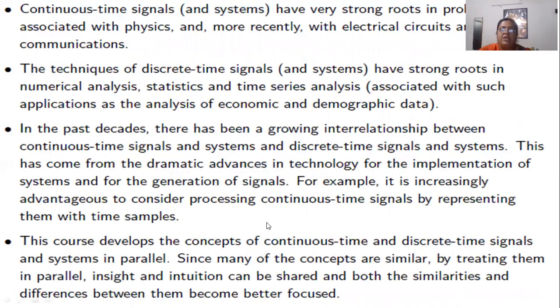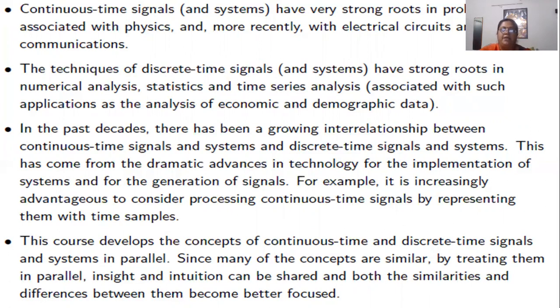Now continuous time signals and systems have very strong roots in problems associated with physics and, more recently, with electrical circuits and communication. The techniques of discrete time signals and systems have strong roots in numerical analysis, statistics, and time series analysis associated with such applications as the analysis of economic and demographic data.